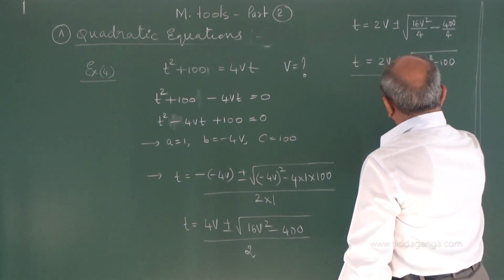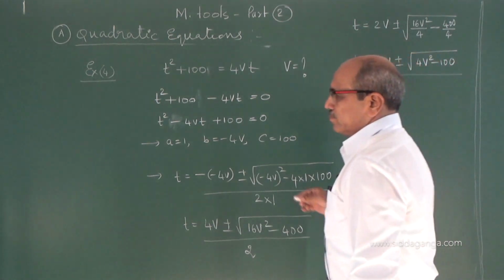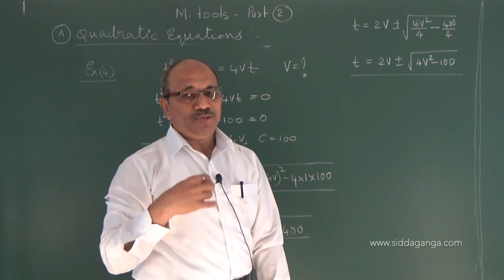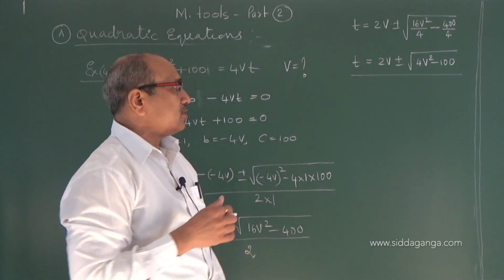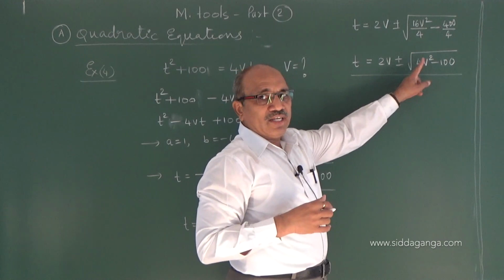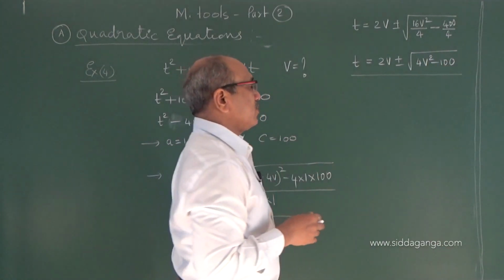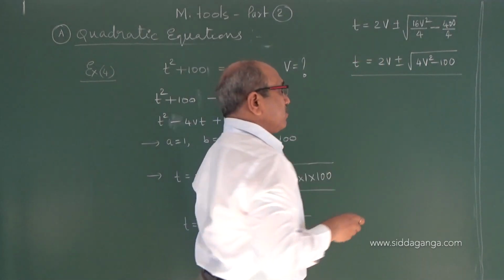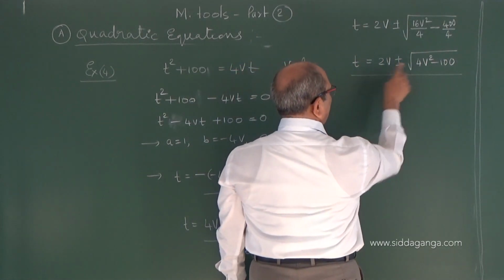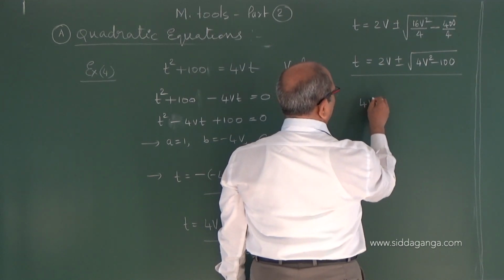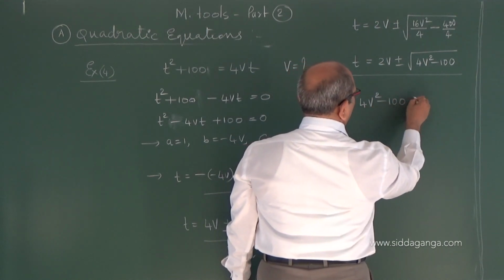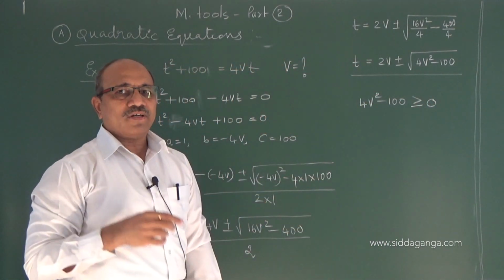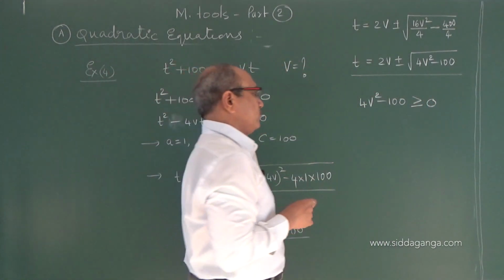When we see this equation, to find the possible value, we again use the mathematical limitation that the discriminant part must be greater than or equal to 0. That means for possible values of v, 4v square minus 100 should be greater than or equal to 0 for a definite finite real number.